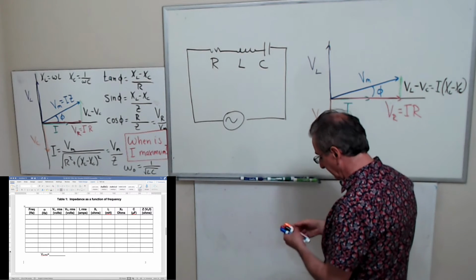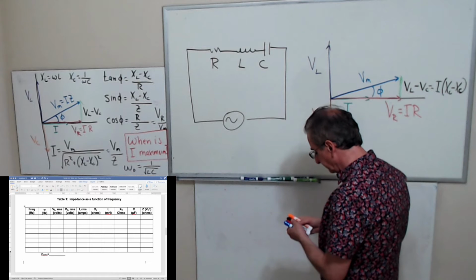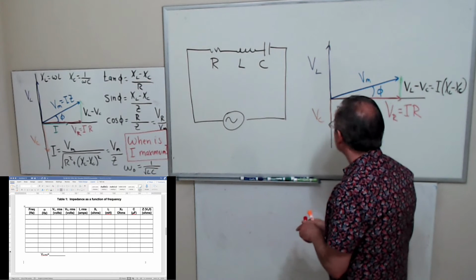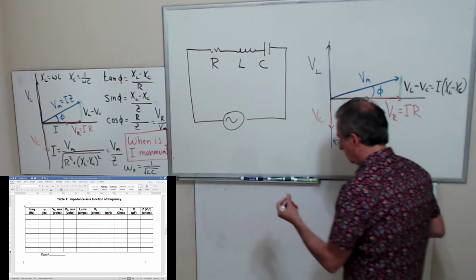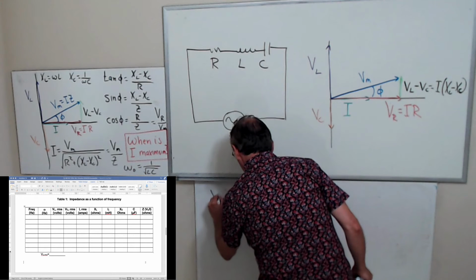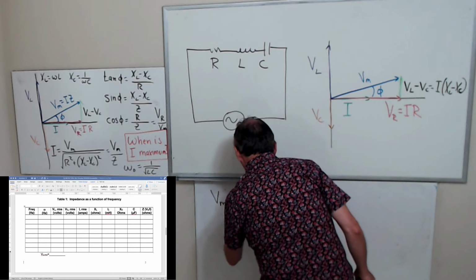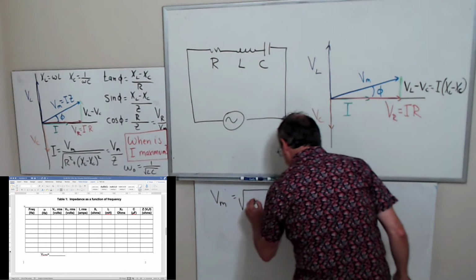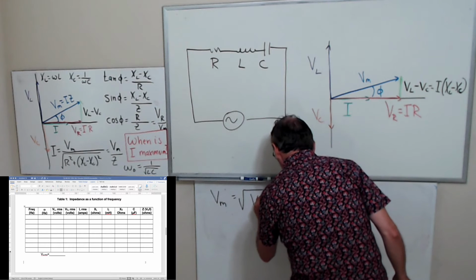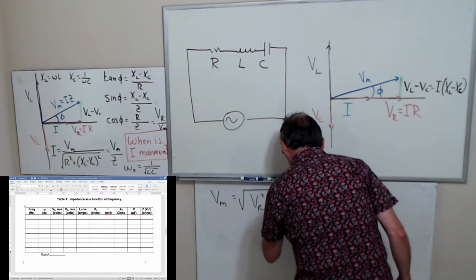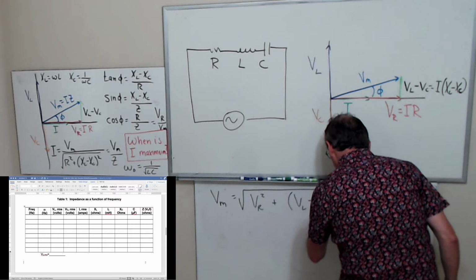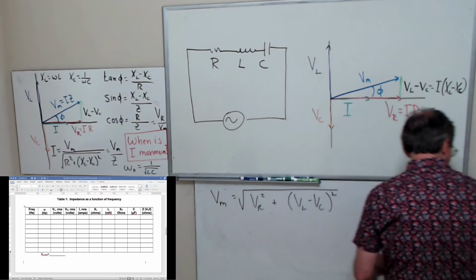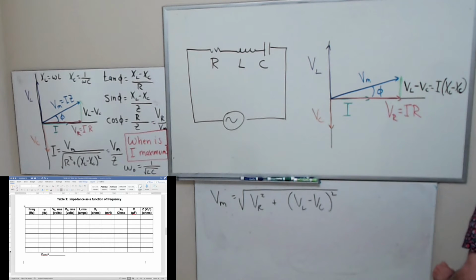And so you can derive this very easily, because if you use the Pythagorean theorem here, V sub m is the square root of V sub R squared plus V sub L minus V sub C, squared.